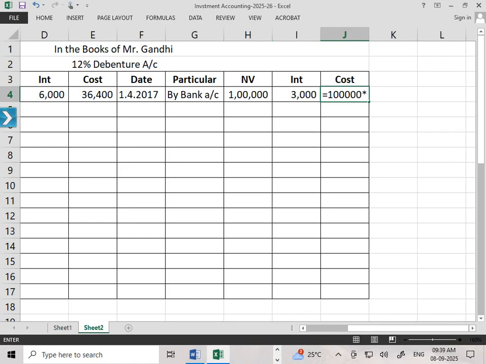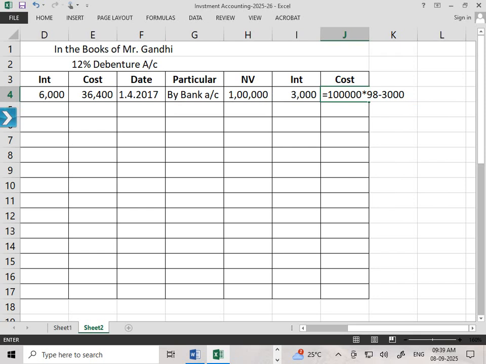Multiplied by what is the rate? 98. But this 98 is what? Cum interest. So it is cum interest and that's why we have to deduct interest. So minus interest. How much interest have we calculated? 3000. So here you can write that 3000.